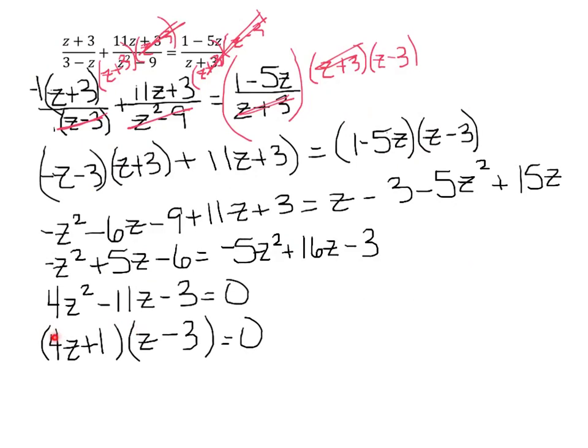That's 4z squared minus 12z plus 1z, negative 11z minus 3. So I know that z is either negative 1/4 or positive 3. We are not done. Now we need to check.